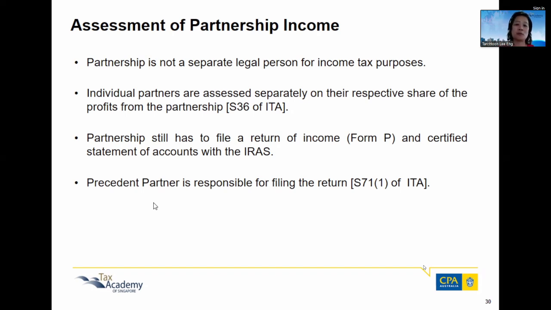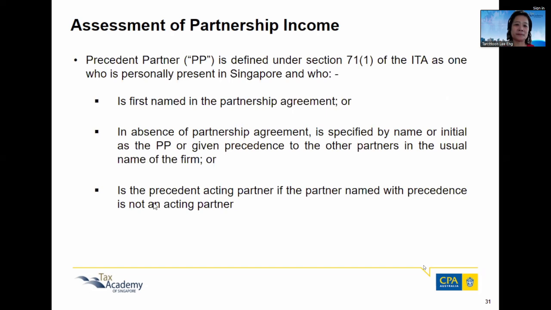Okay, move on to the next one. Then who is the precedent partner? Precedent partner is defined under Section 71 of the Income Tax Act as someone who is first named in the partnership agreement. In the absence of a partnership agreement, it will be specified by name or initial. It is the precedent acting partner, if the partner named with precedence is not an acting partner.